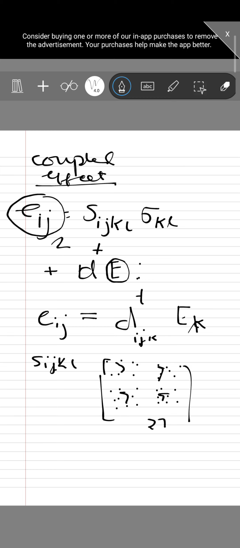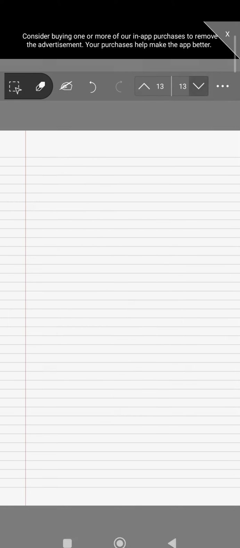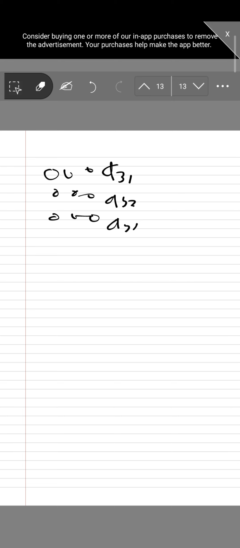But here in fact, instead of having 27 components, we will have D31, D32, D33, and D44, D55, D66. Let me write it more clearly.